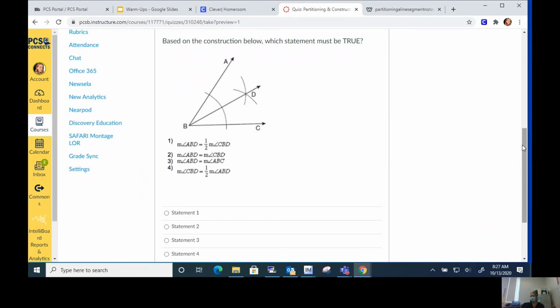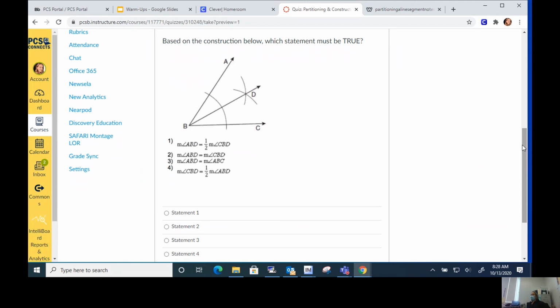All right. Question number 1 says, is there anybody who needs it on paper first before I get started? Anyone? Okay. Number 1 says, based on the construction below, which statement must be true? If you look at that picture right there, that is definitely a construction.